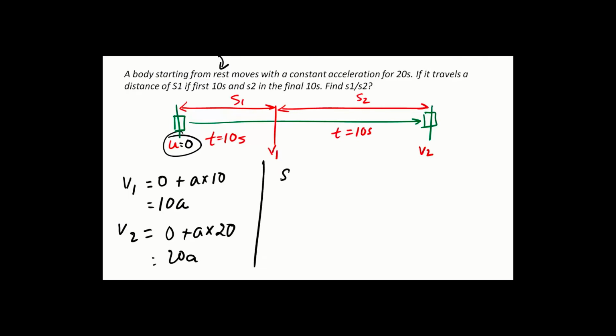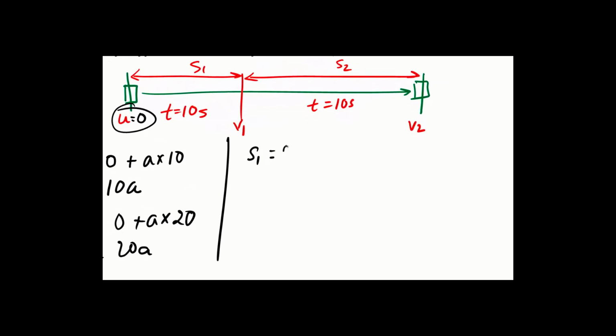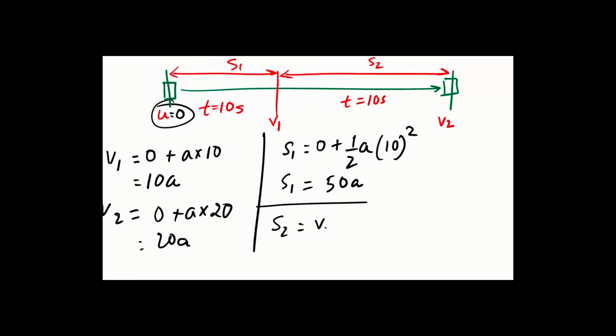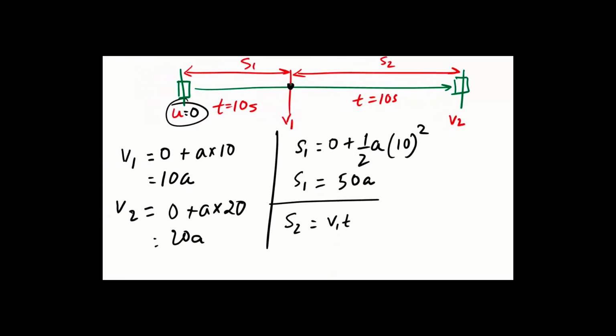How about s1? s1 could be written as ut plus half at square. u is 0, so it's 0 plus half into a, time is 10 squared. So s1 comes out to be 50a. How about s2? s2 is v1t, because it starts with v1, plus half at square. So v1 is how much? 10a.